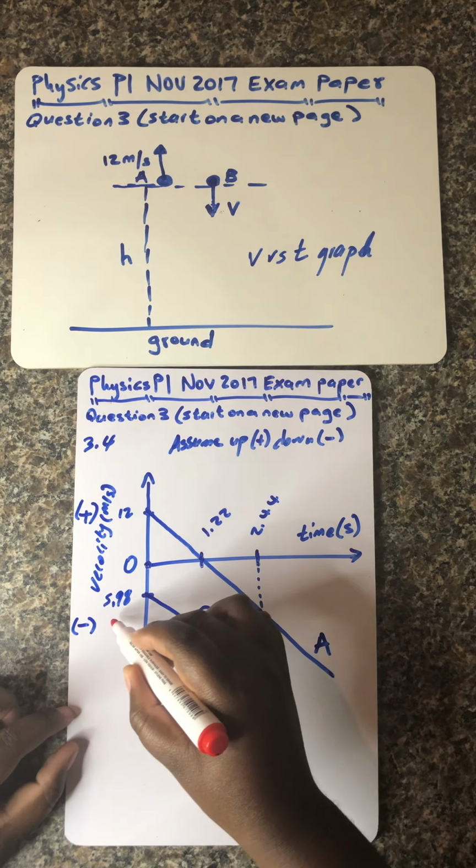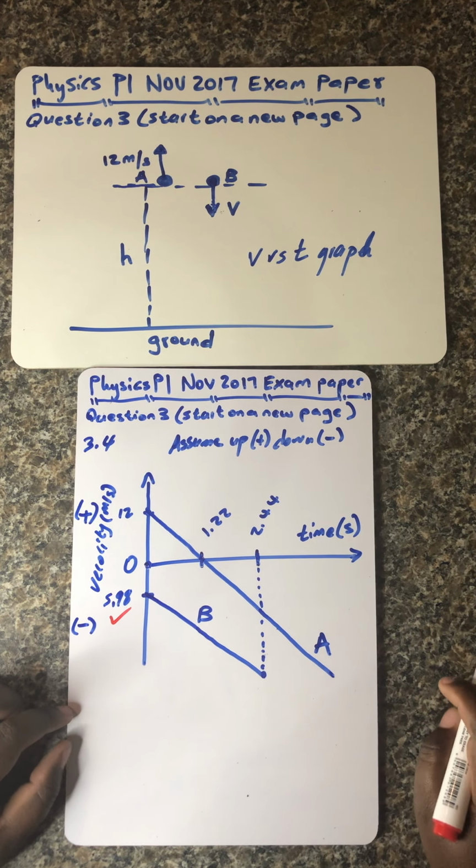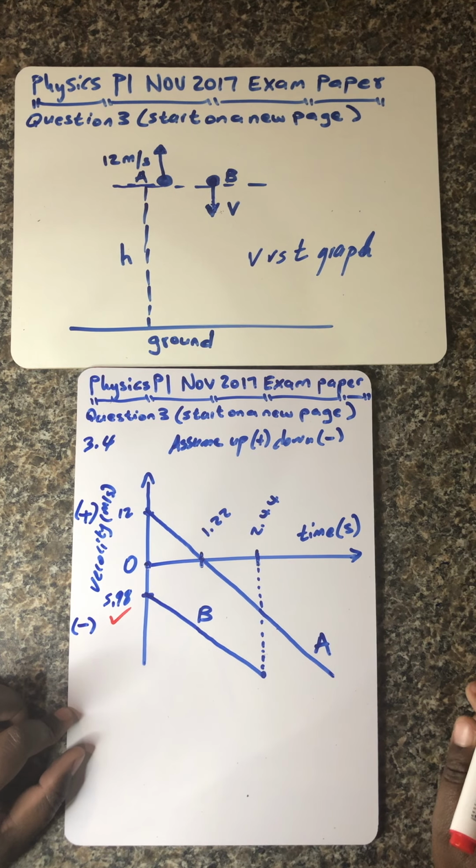So we have shown the velocity at which stone B is thrown downwards, and they will give us a mark for that.